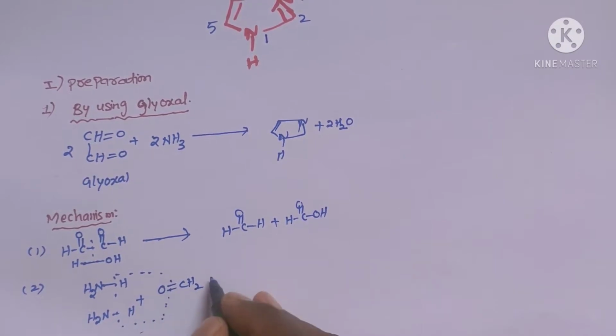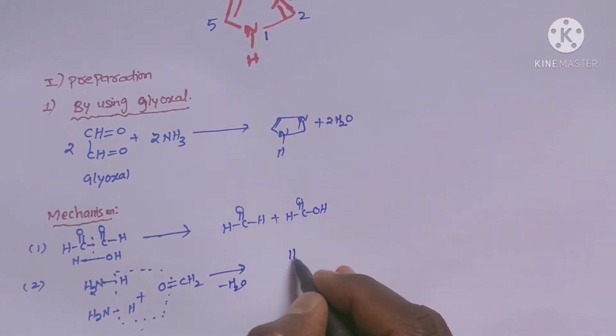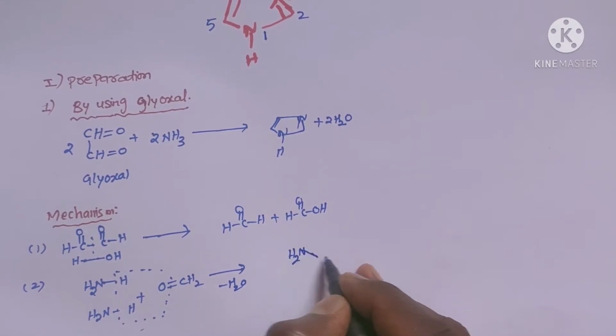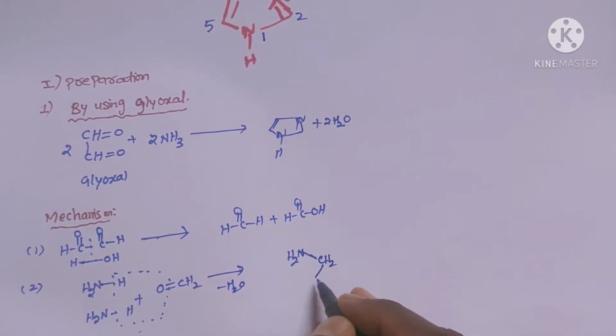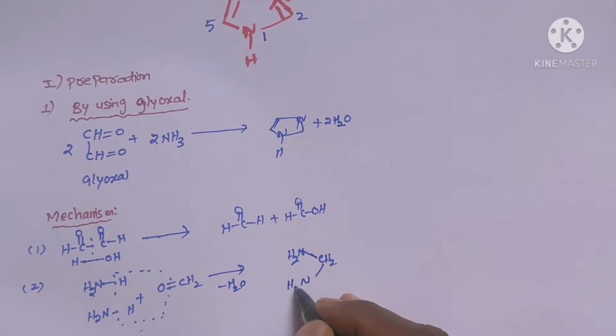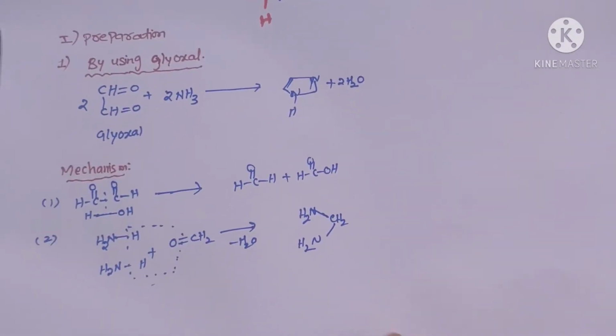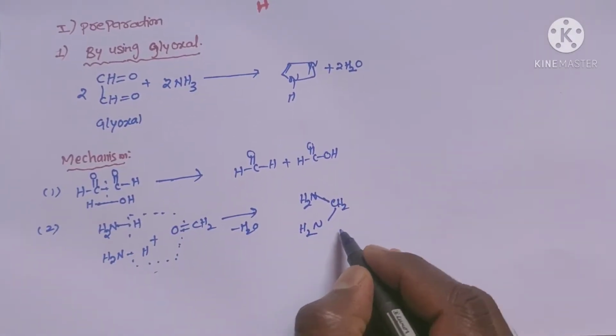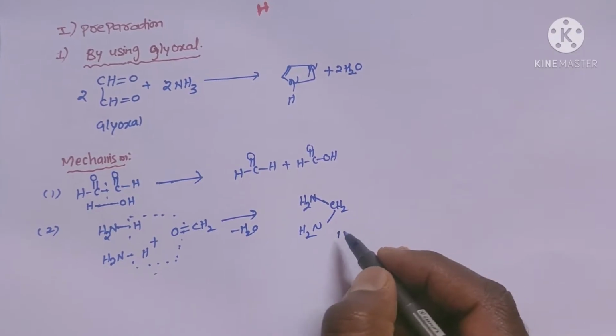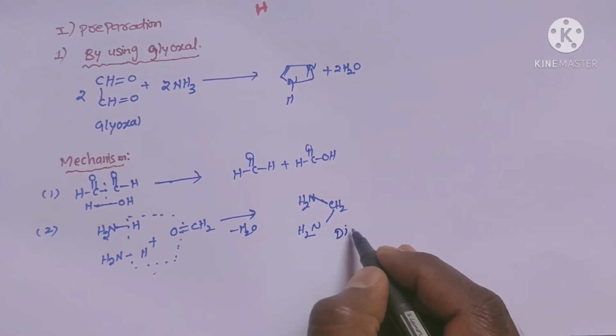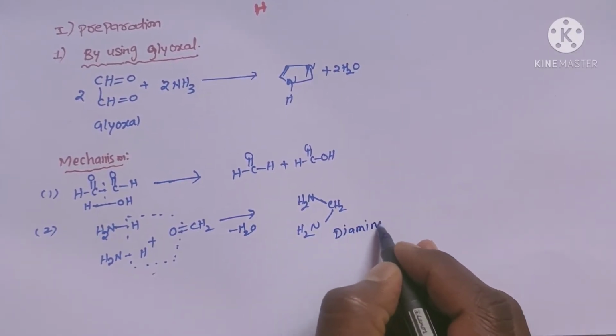So here, the water molecule goes outside. As a result, we get the methyl diamine. This is known as the methyl diamine. Sorry, diaminomethane. We can call it diaminomethane.